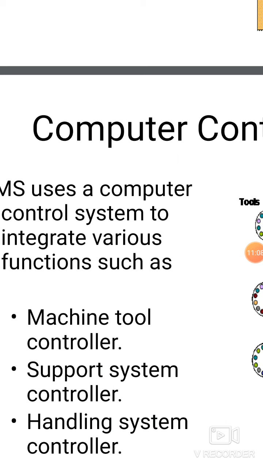In this FMS, the various functions of the computer control system are control of each workstation, distribution of control instructions to workstations, production control, traffic control, work handling system control, and system performance monitoring. All of these are controlled by the computer.